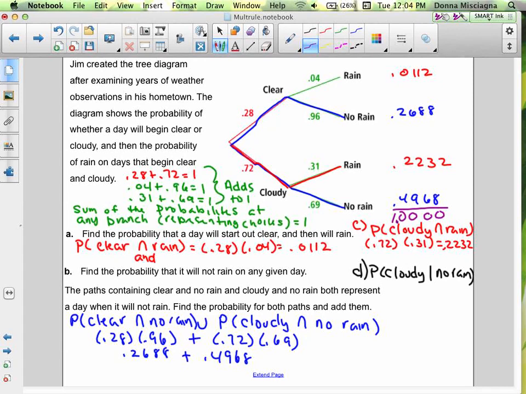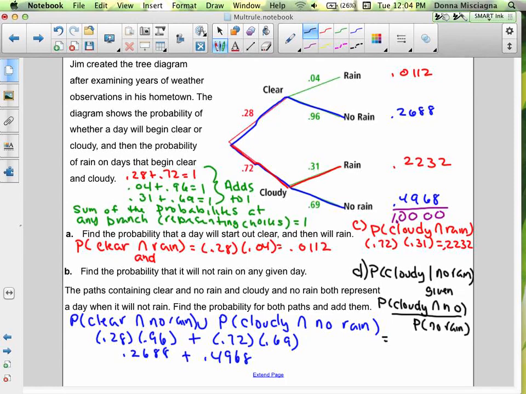Let's find the only conditional probability problem I put up here, and that is the probability of cloudy given no rain. That line there means given. Let's find it the traditional way. So that would be the probability of cloudy and no rain, divided by the probability of no rain.